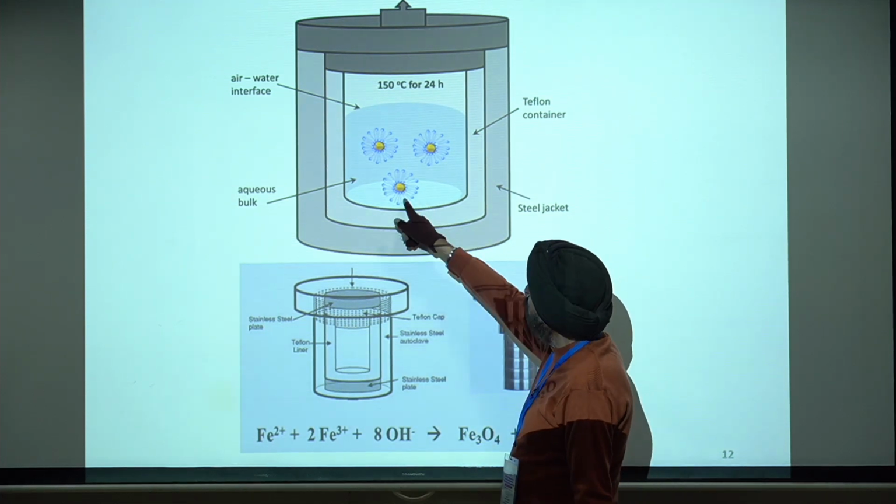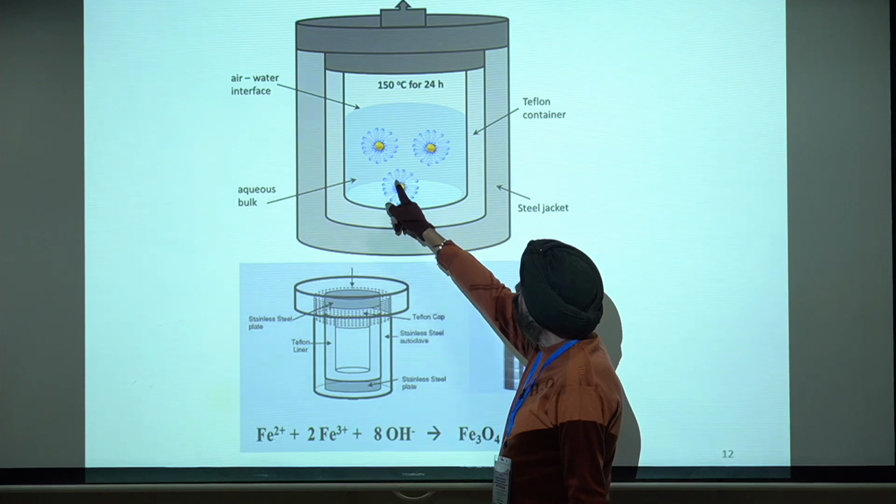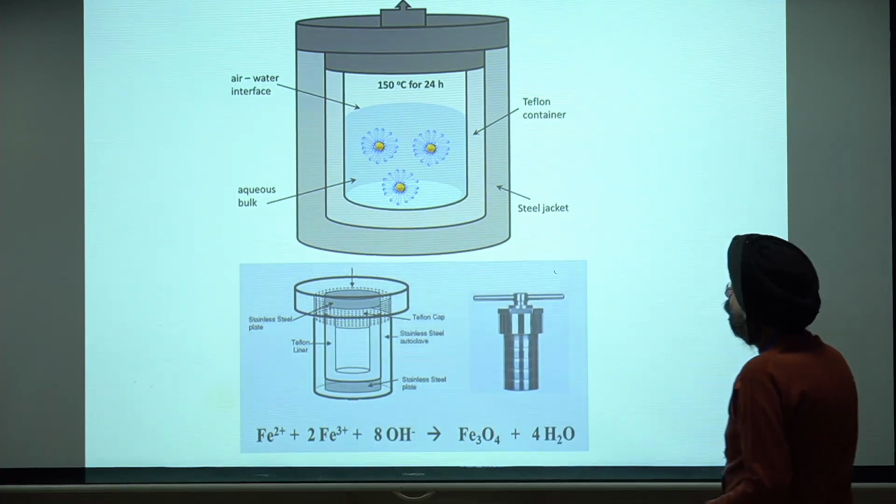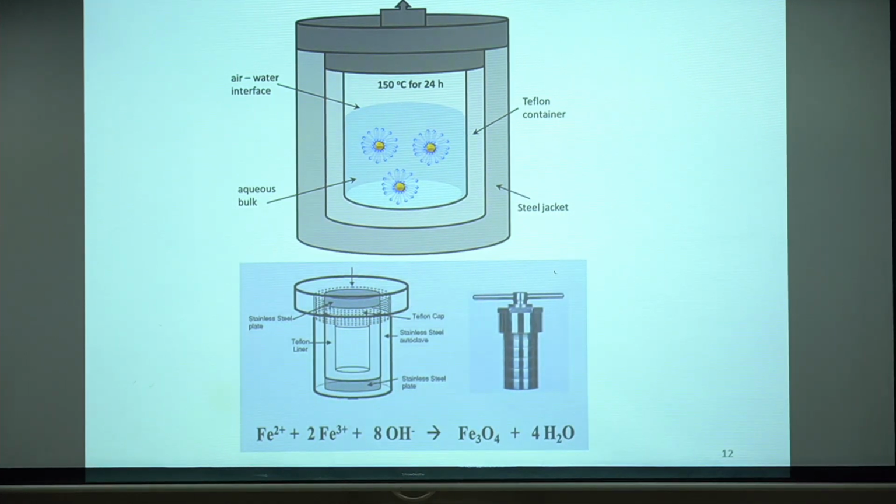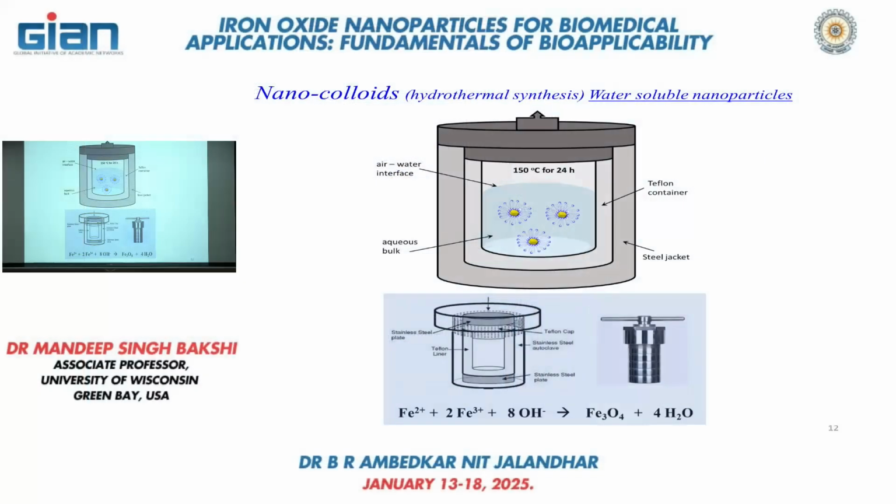So that surfactant is here in the form of a bilayer. Though I have shown the same color for the nanoparticle, you could assume that it is not the gold nanoparticle, they are the iron oxide nanoparticles produced over here. Now, what happens after this?